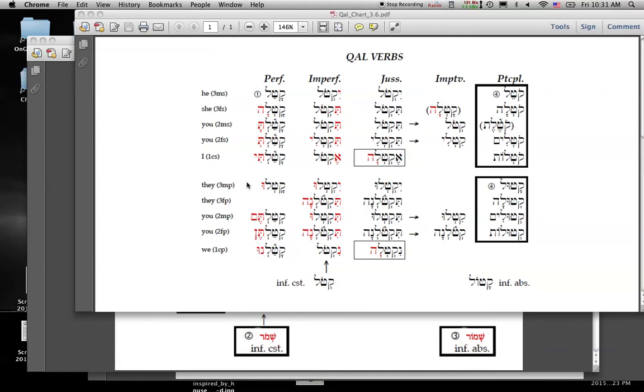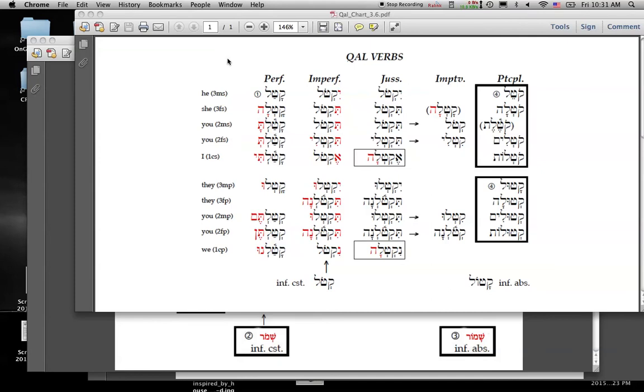You can hear some resonance between the pronoun and these suffixes. I like to just call these signal letters. They signal to you what the person, gender, and number is on any given verb.